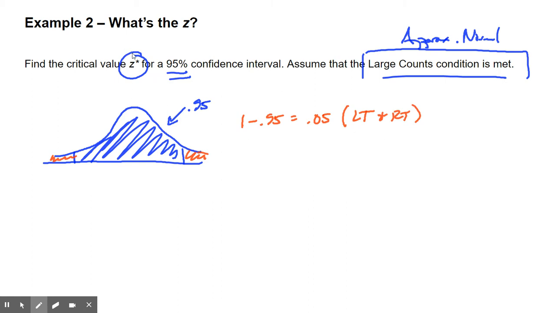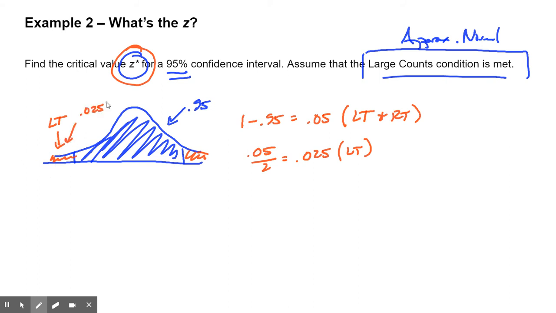However, if you recall finding z values, the only way to do that in our stats applet is to use the left tail area. I only want the left tail. Well, if they're symmetrical, we can take that 0.05 and divide by 2, and that'll be 0.025. And this is our left tail area. That area right there is 0.025.